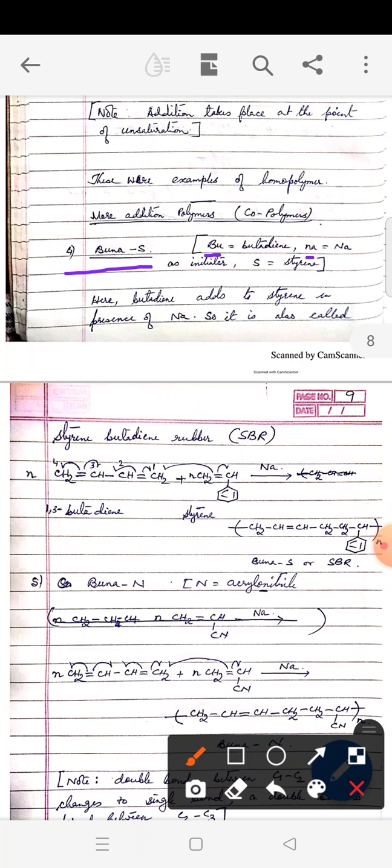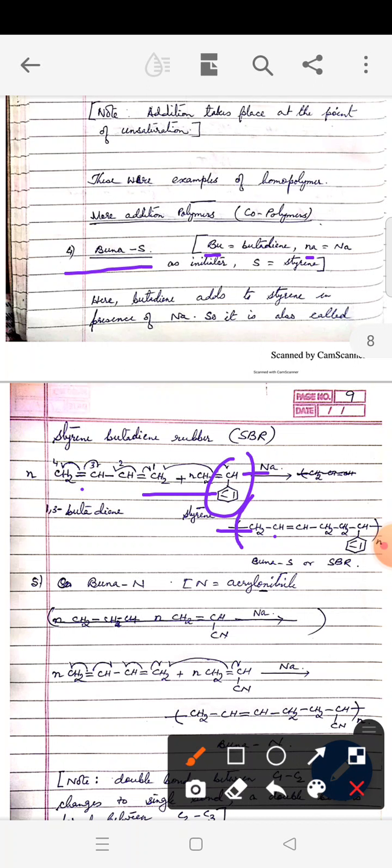So this way, the polymeric chain which we write is, since the chain is extending from here, we write a bracket by cutting the bond. CH2, the double bond changes to single, then CH, the single bond now becomes double, CH, then again the double bond becomes single bond, then this CH2 and this CH2 get linked, CH2, CH2, and here we have CH with the benzene ring, and the chain will extend from this corner.